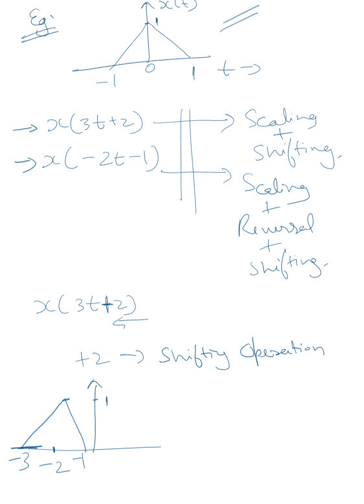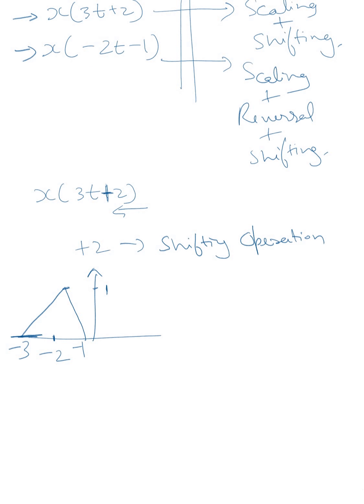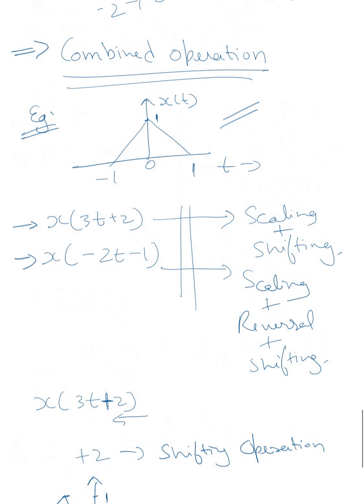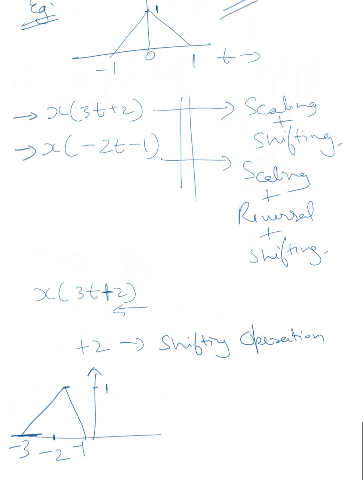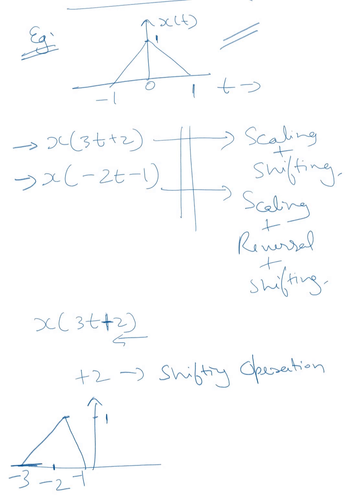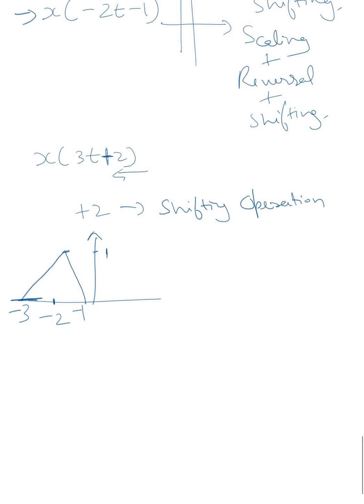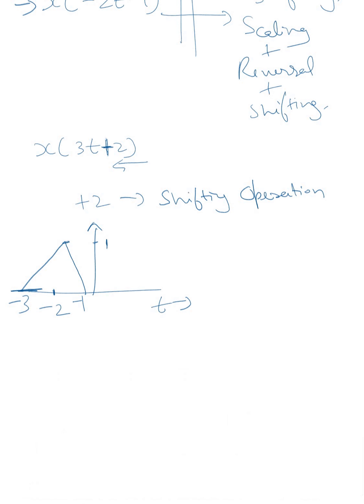So now we have applied the first transformation coming from the right side, that is the plus 2 shifting operation. We have shifted the given signal x of t by a factor of 2 towards the left.